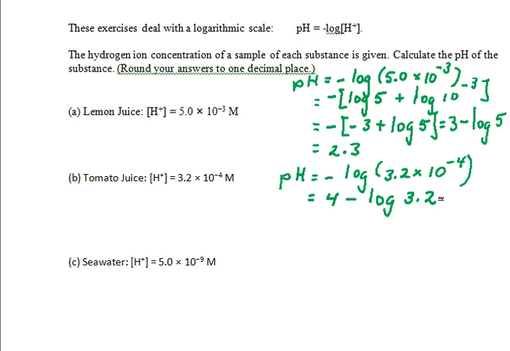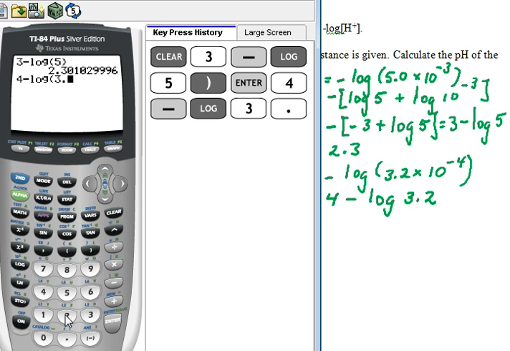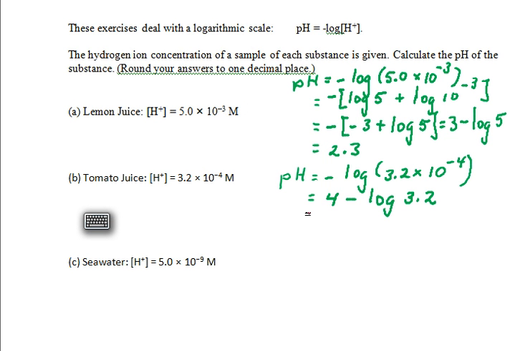I hope I've been saying common log. And this computation will be 4 minus the common log of 3.2, which gives us approximately 3.49 or 3.5.